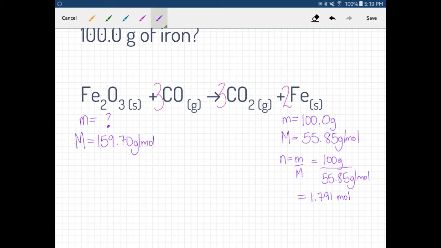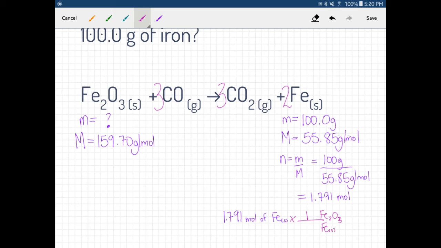Now, of course, I have to do a mole ratio, so I'm just going to rewrite this number down here so I have lots of space. And this is moles of iron. I'm going to multiply this by my mole ratio. Again, because I have iron on what's the equivalent of top of a fraction, I want iron to be on the bottom of my fraction here. And I'm looking for my moles of my iron 3 oxide.